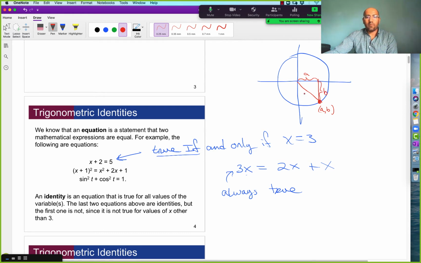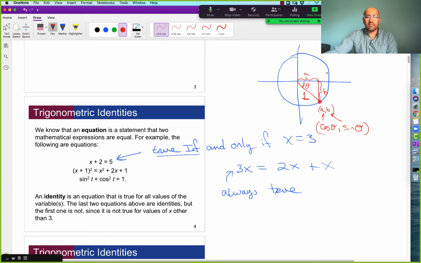Remember back when we worked on the unit circle in chapter 5, we established that this part here would be the cosine of the angle. Let's say that this is angle theta. So this would be cosine of theta, and this one would be sine of theta. Good. And this is the unit circle, so the radius is 1.